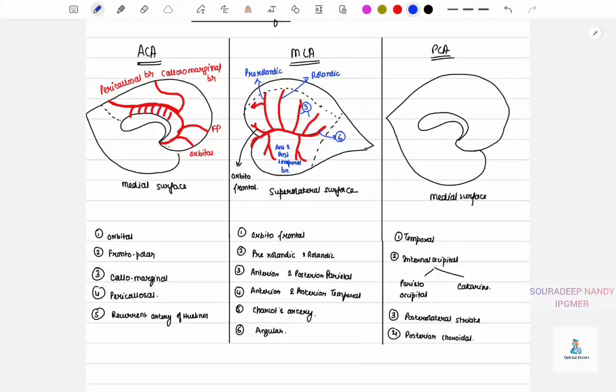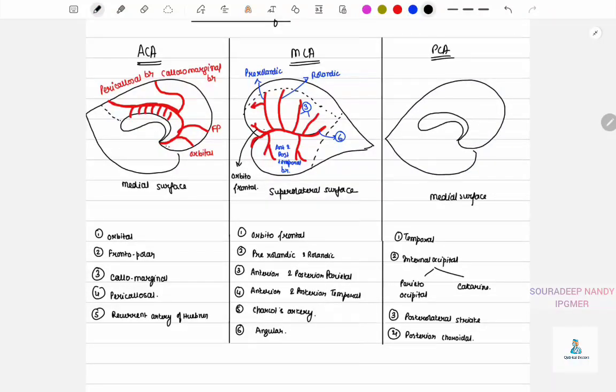Now let us see the posterior cerebral artery. It has two branches. One is the temporal branch and another is the occipital branch or the internal occipital branch. The posterior cerebral artery runs posteriorly, and first it gives a temporal branch, then it divides near the calcarine sulcus into the parieto-occipital branch and the calcarine branch.